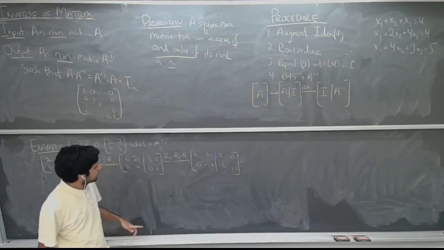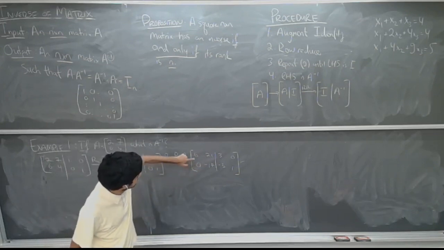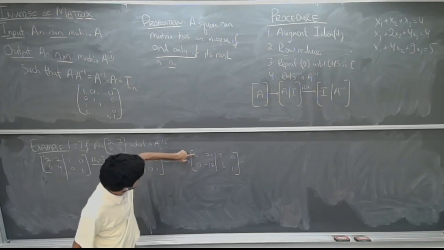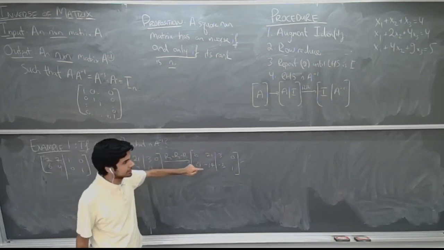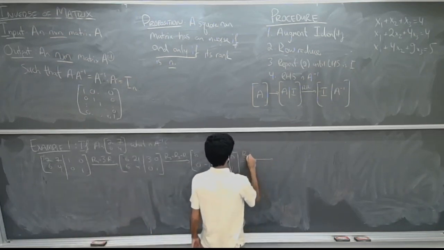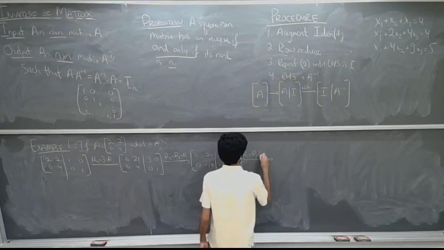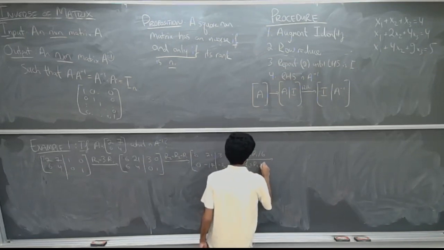Cool. And remember, our goal is to get the identity matrix here. So we have the 0 here. We can make this a 1 by dividing the first row by 6, and we can make this a 1 by dividing the second row by negative 17. So let's do both of those at once. So row 1 equals row 1 divided by 6, and row 2 equals row 2 divided by negative 17.